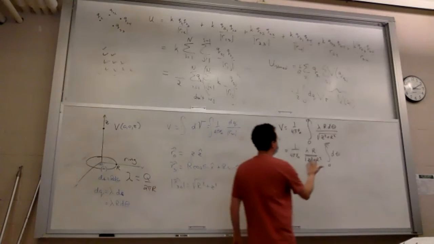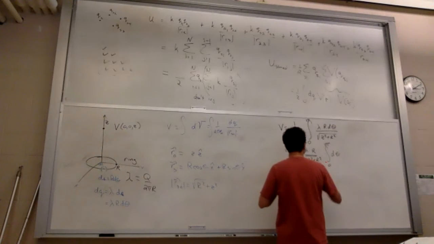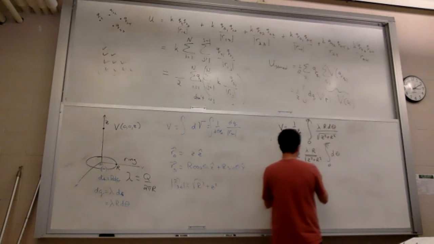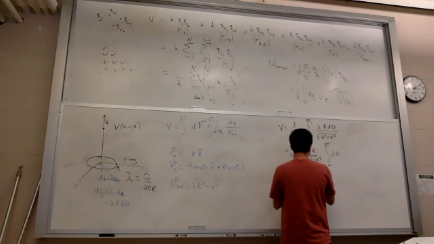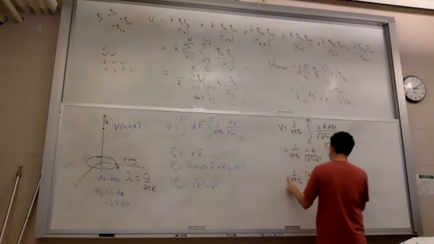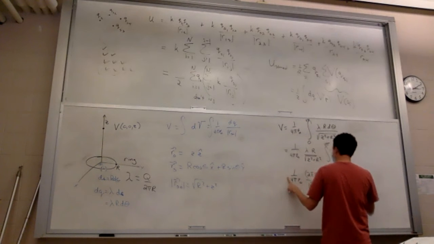Then we do that integral, and that gives me a 2 pi. So this gives me 1 over 4 pi epsilon naught, 2 pi r times lambda, over the square root of z squared plus r squared. This is just q, the charge on the whole ring.